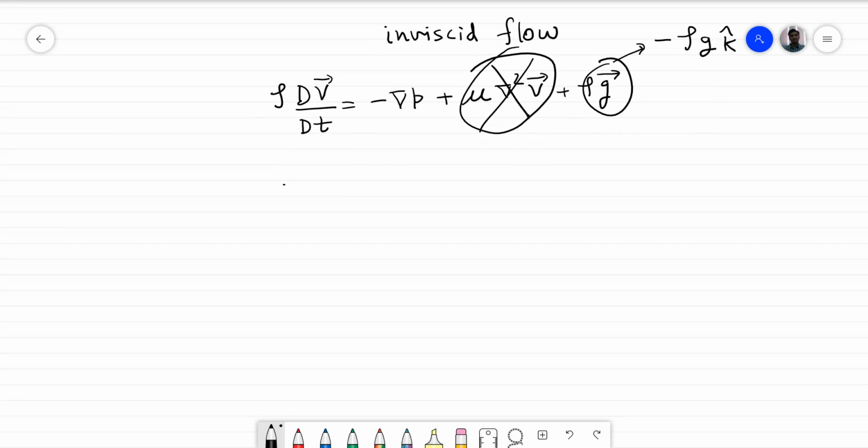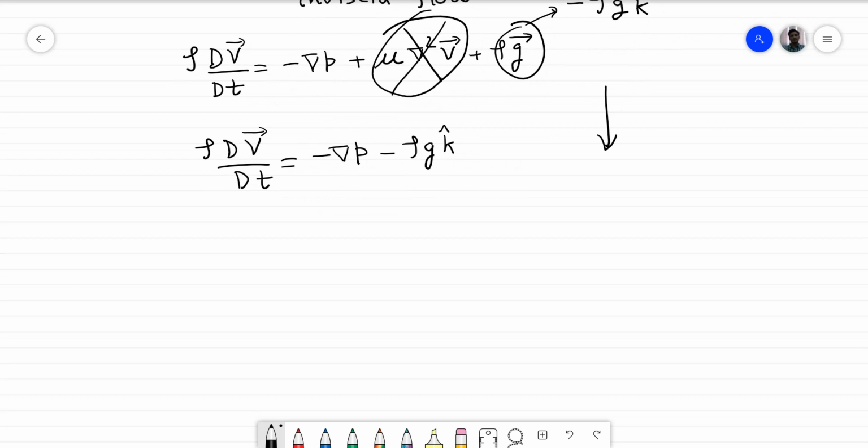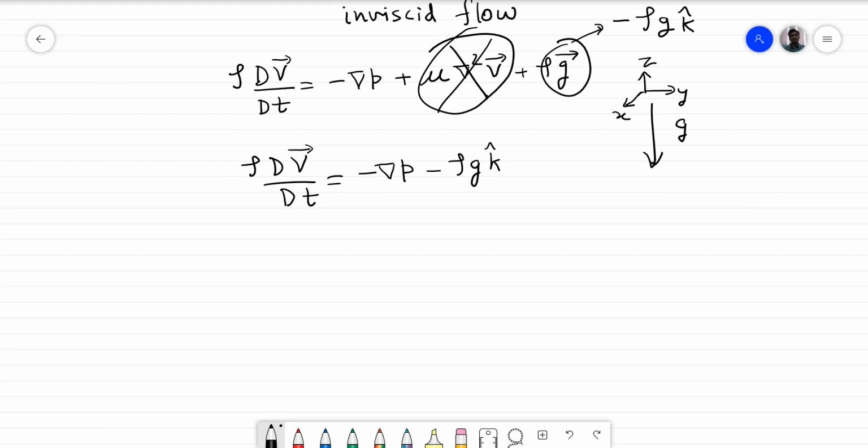Then you can write rho dV by dt equals minus del P plus rho G, or minus rho G k cap, if I know that gravity is acting in the minus Z direction.